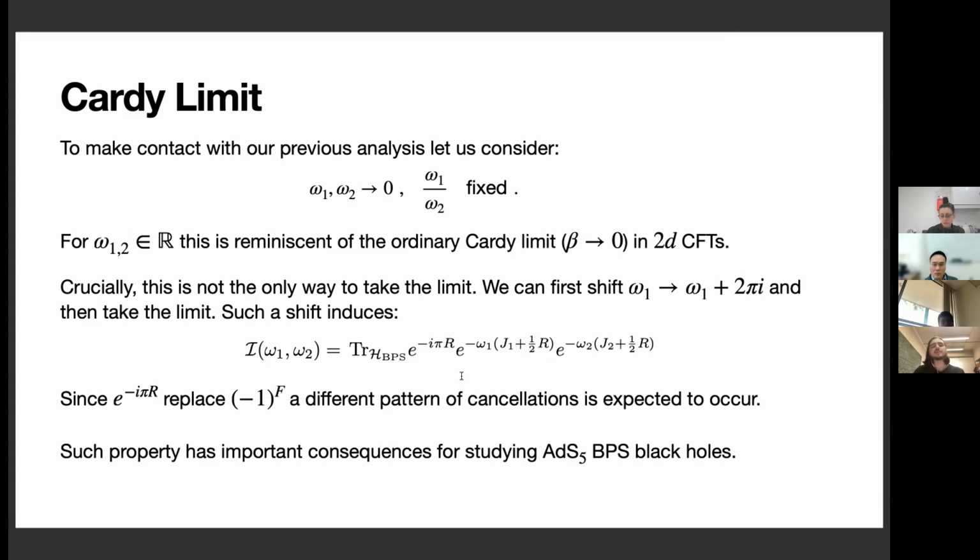So this is still a BPS object, which is subject to the same BPS states, but it will be subject to a different pattern of cancellations of BPS states. And this property, this simple shift, had very, very important consequences for the study of AdS5 BPS black holes. And I hope to make some comment about it soon.